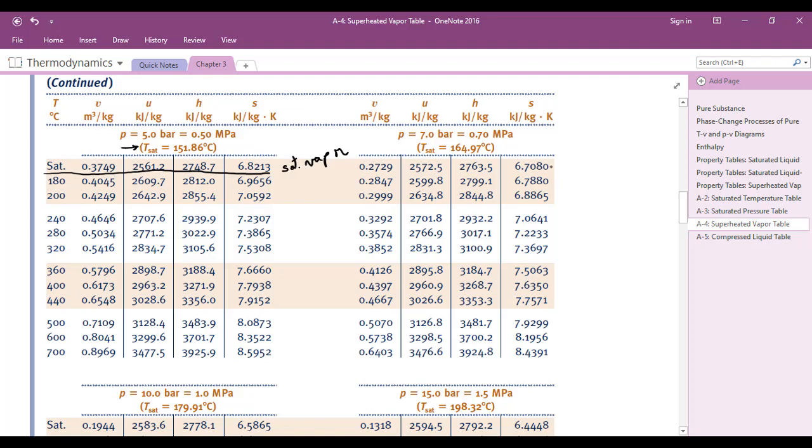So the first row always corresponds to the saturated vapor conditions in each pressure table. So for the first row, this is Vg, Ug, and Hg. And S, we said that later on we will talk about S, which is another important property called the entropy.